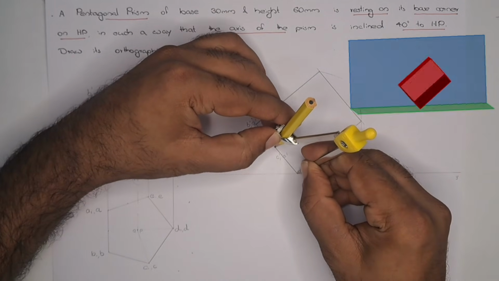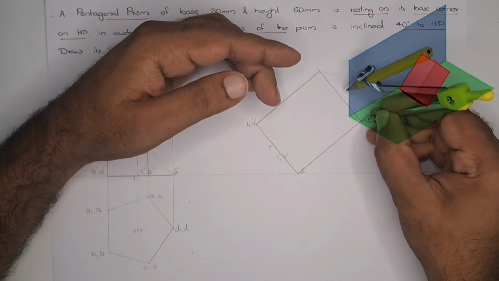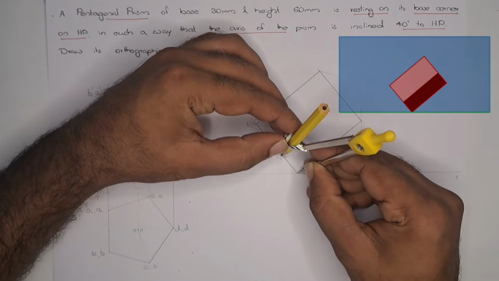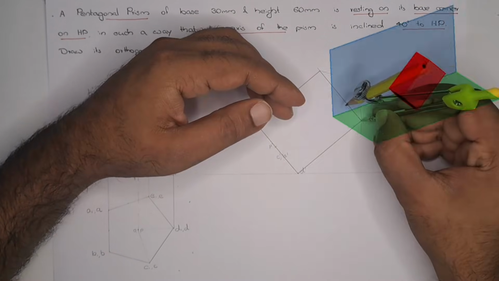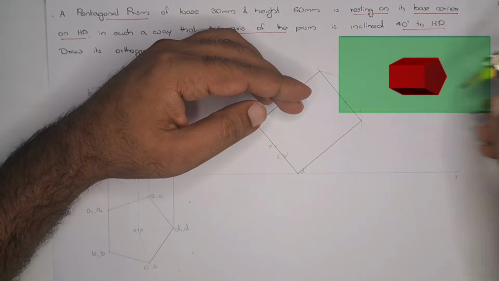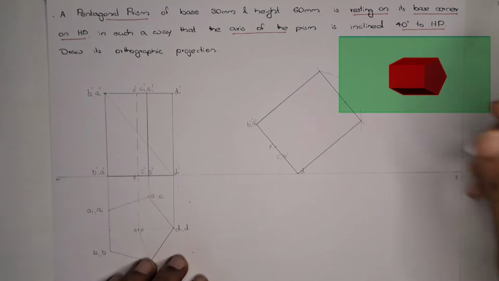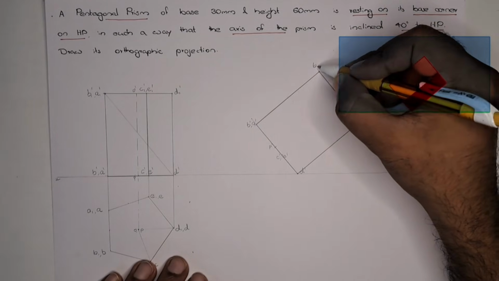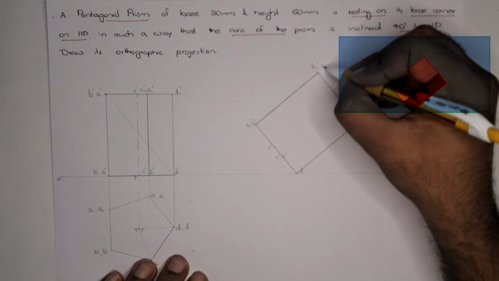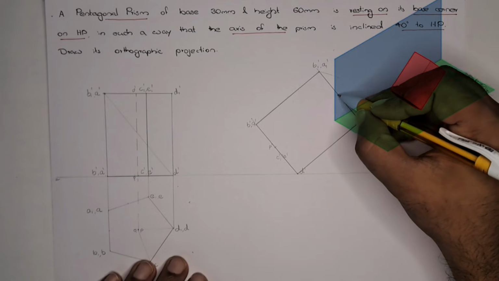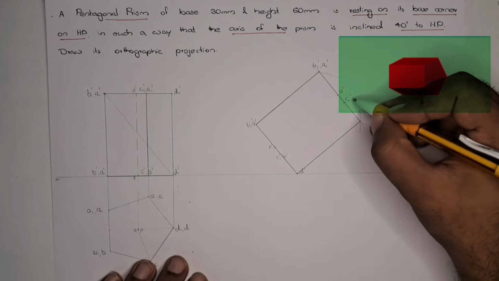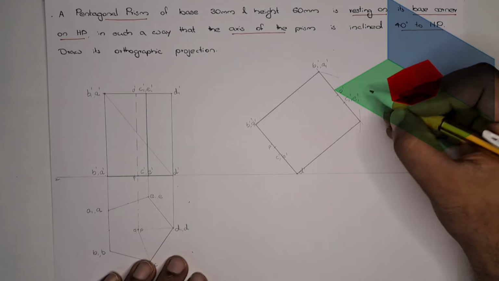So this is D1O. Here this is D1 C1. So we can give the names. Here this is B1 dash, comma A1 dash. Here it is O dash. Here C1 dash, comma E1 dash.